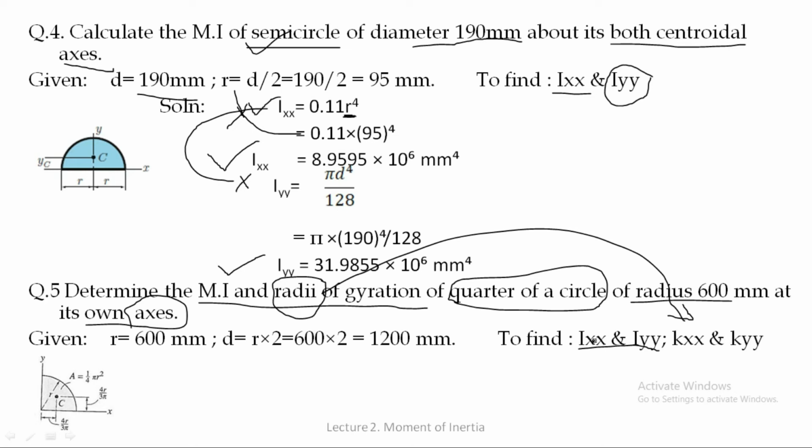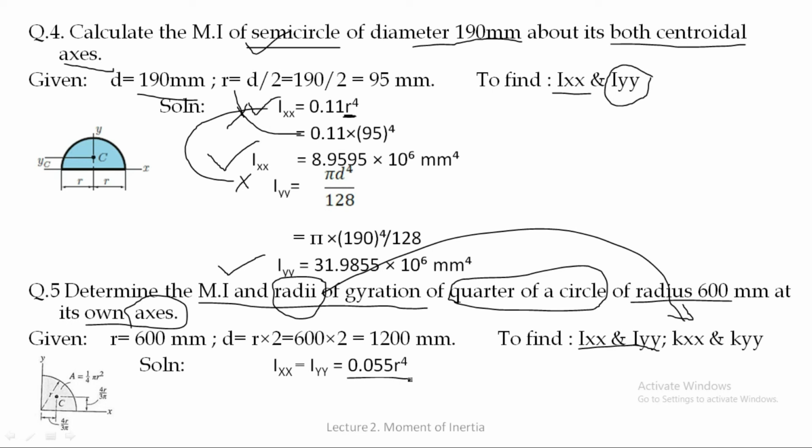Now, first of all, we will find the values of Ixx and Iyy. Remember, the value of Ixx and Iyy for a quarter circle is the same. The formula for that is the same, that is equal to 0.055 r raised to 4. We have learned that in our last lecture also, and you have written that formula.